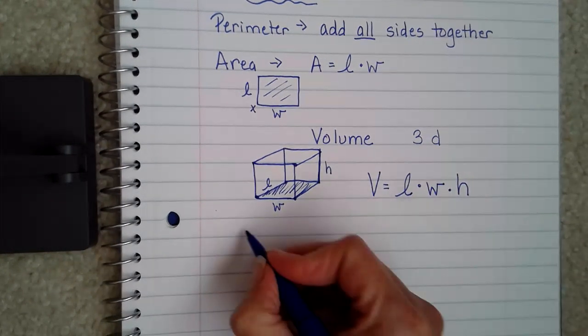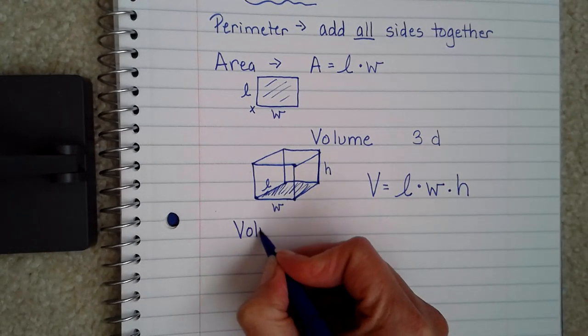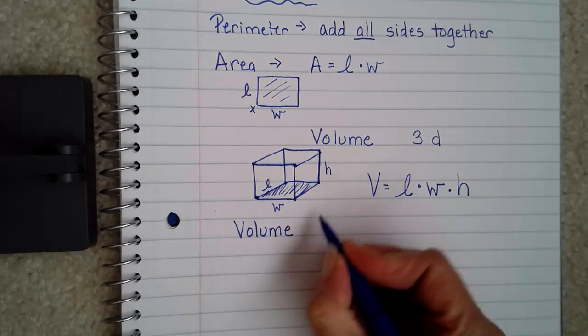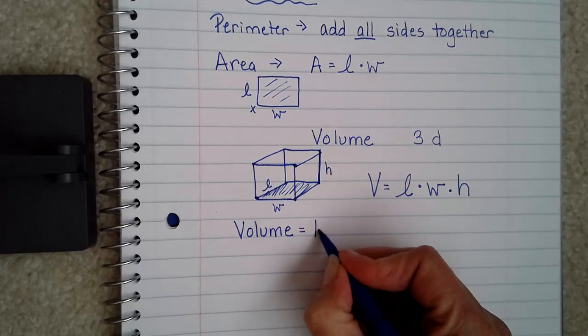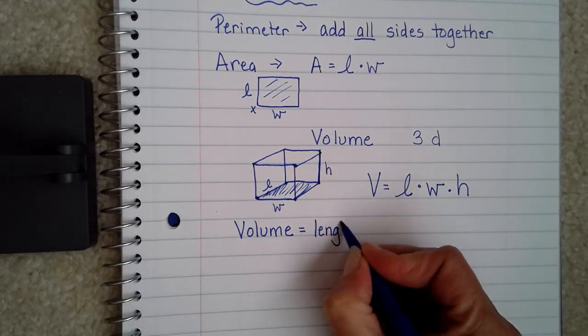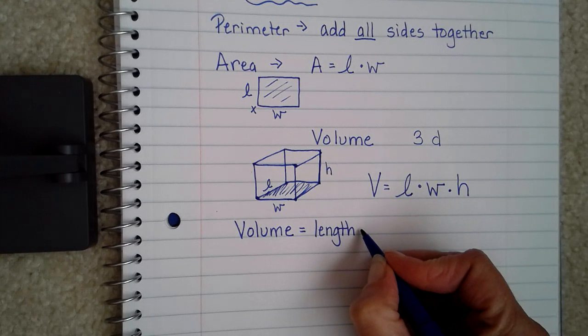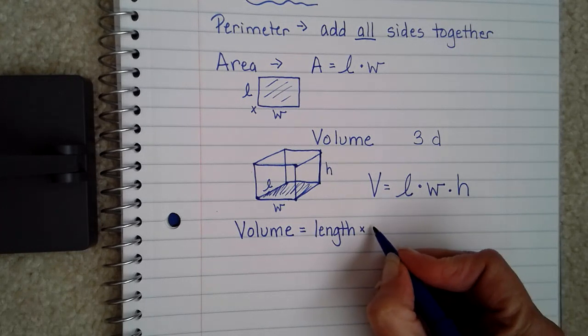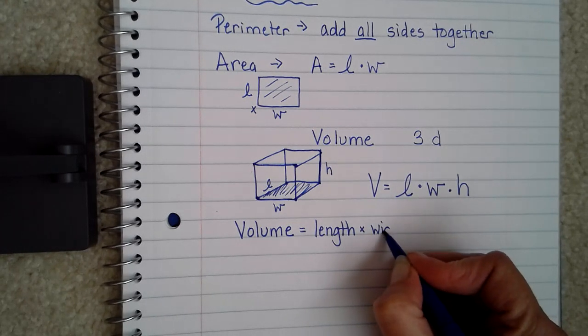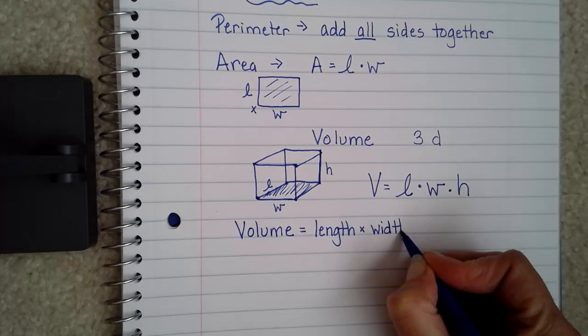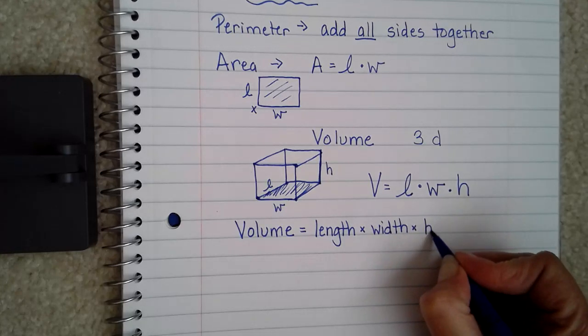So we could say volume equals length times width times height.